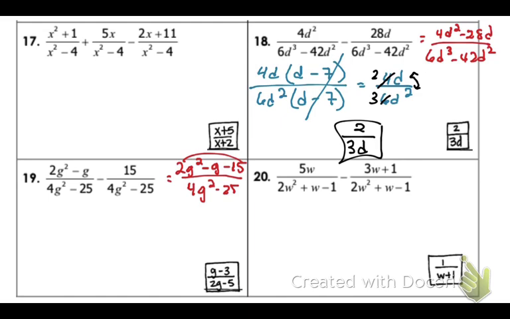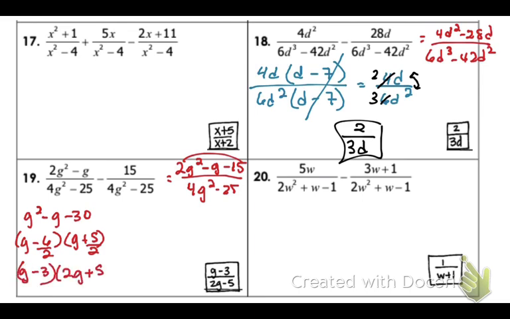Alright, so for this one, there's no GCF. You're going to have to do that whole fraction work that we do. So I'm going to be left with g squared minus g minus 30. Then we're going to be left with g minus 6 and g plus 5. Divide by 2. We get g minus 3 and 2g plus 5. So now I'm going to change the color.